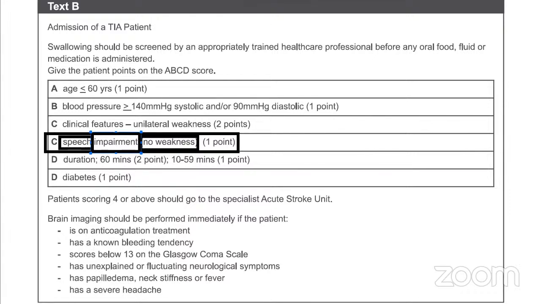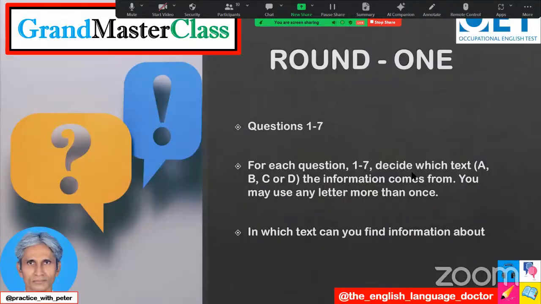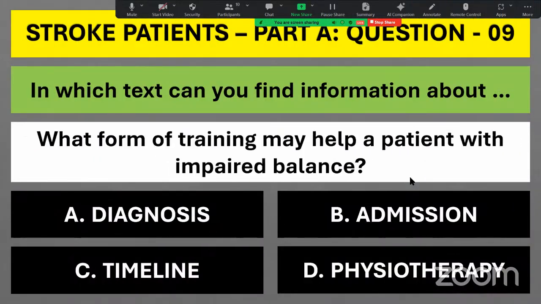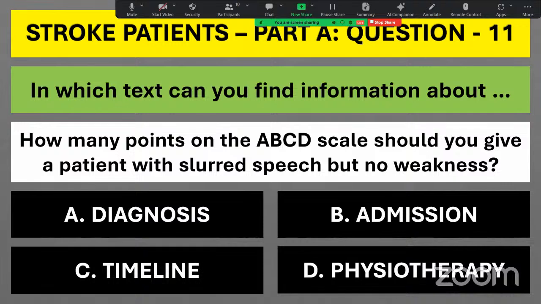First, you have to go to the text like that one. Question number 12. Next one. Question number 11. Yeah.